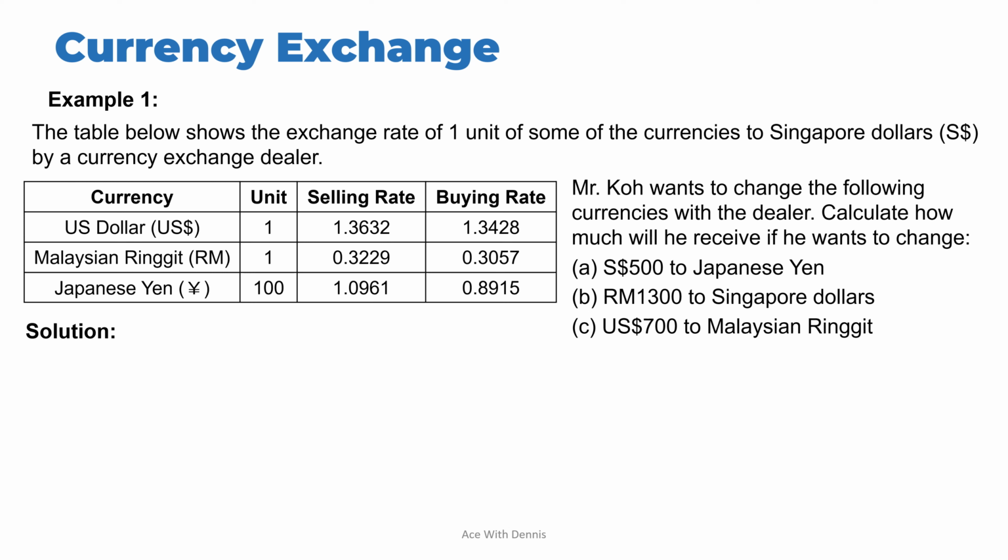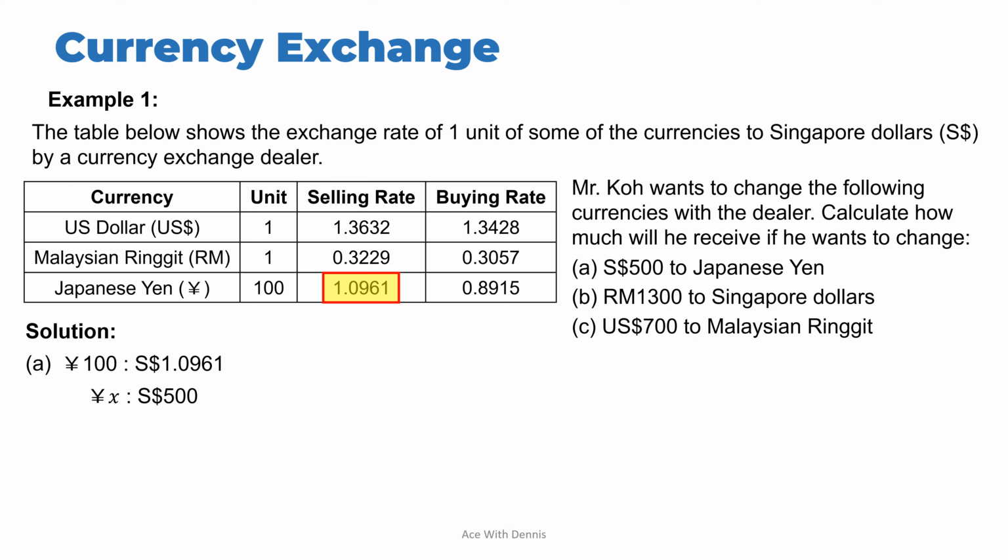Now here's the solution for A. We need to see this column, the selling rate, because in this case the dealer sells Japanese yen to Mr. Cole. So it means that 100 Japanese yen is equivalent to 1.0961 Singapore dollars.